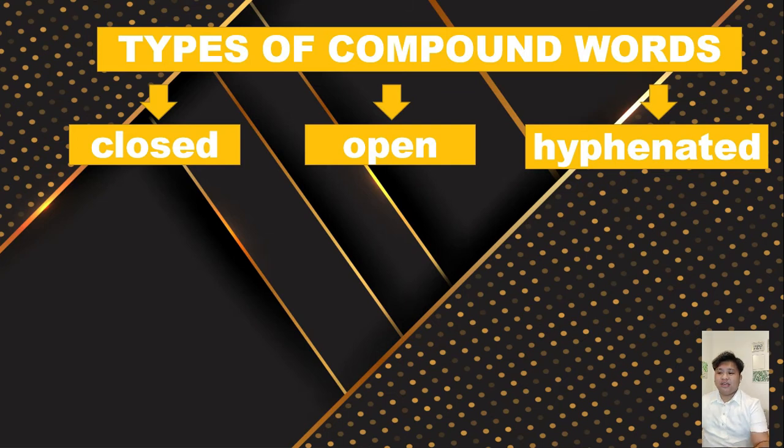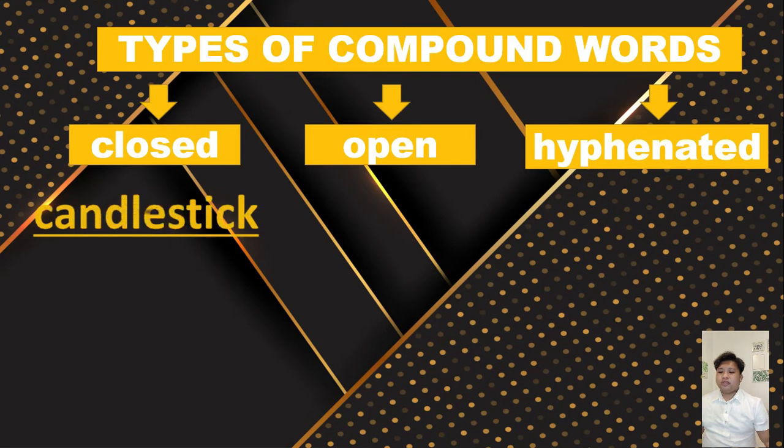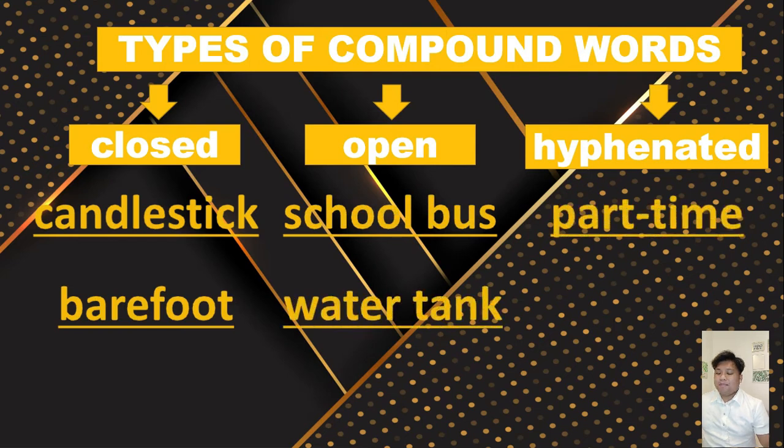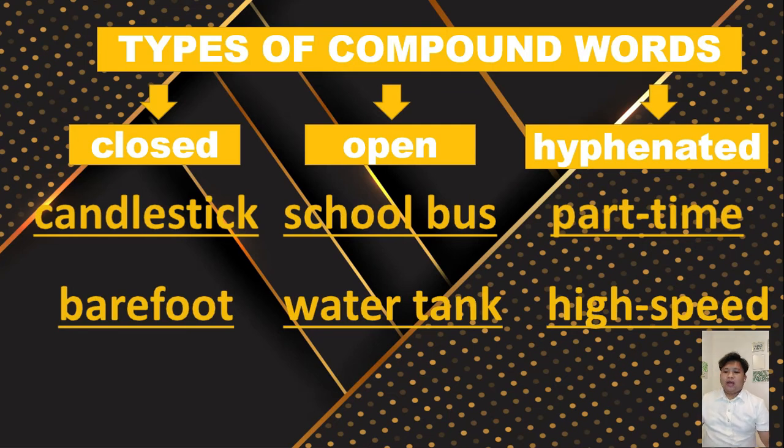So I'll be giving you examples of closed, open, and hyphenated compound words. So tanawa ang closed, candlestick, barefoot, nagsumpay ra sila. Open na, naay space, two separate words na, school bus, water tank. Okay? While hyphenated, it is connected by a hyphen.